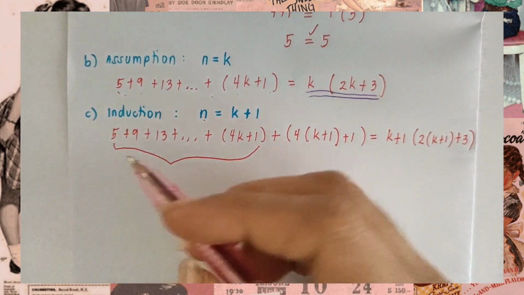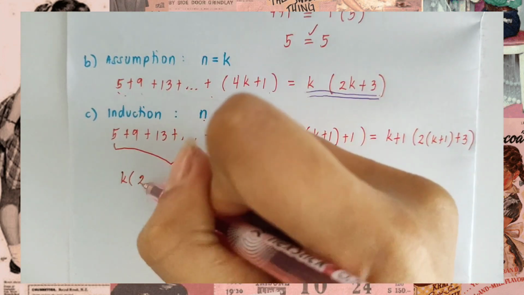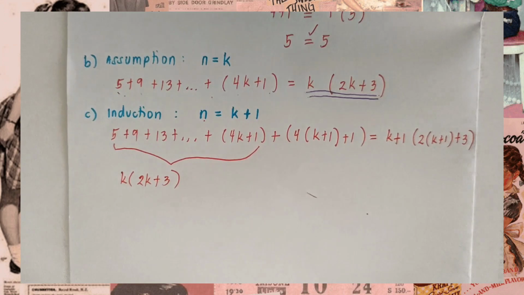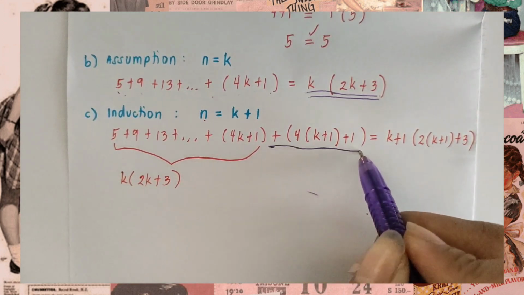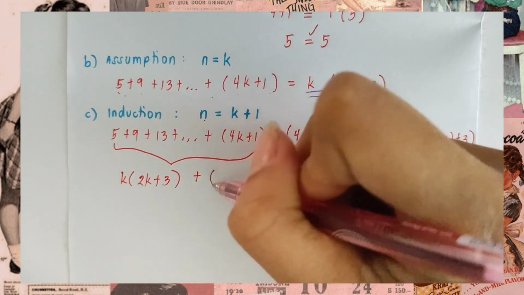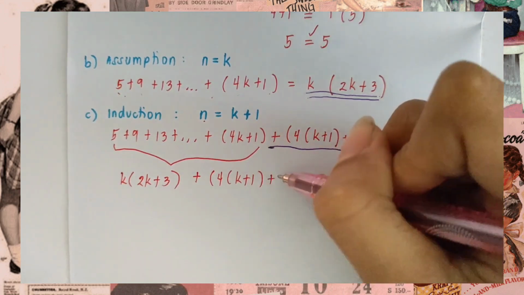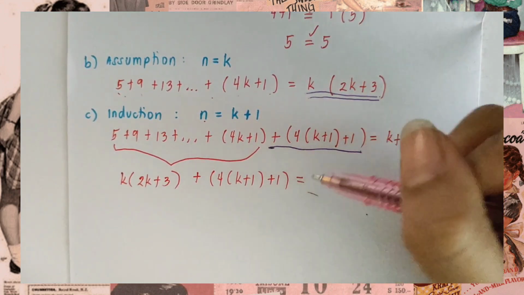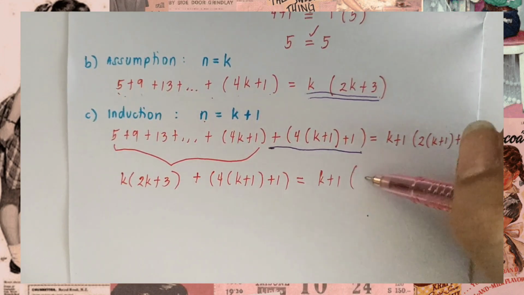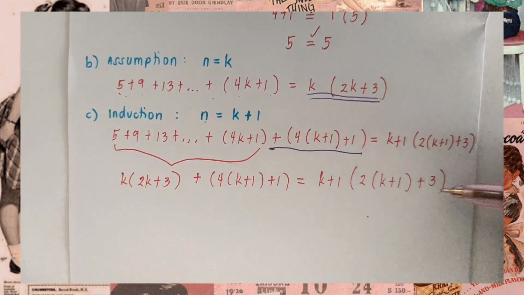So this will now become k times the quantity of 2k plus 3. Next, just copy this one. So we have plus 4 times k plus 1 plus 1 equals k plus 1 times 2 times k plus 1 plus 3.